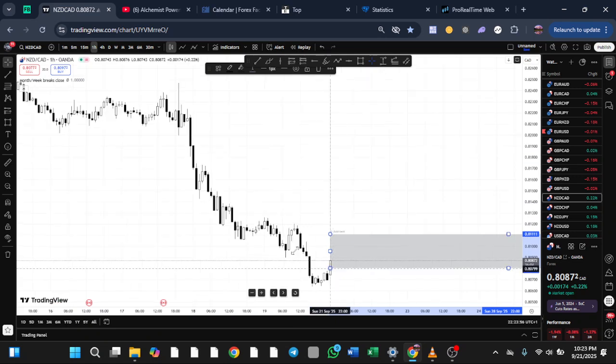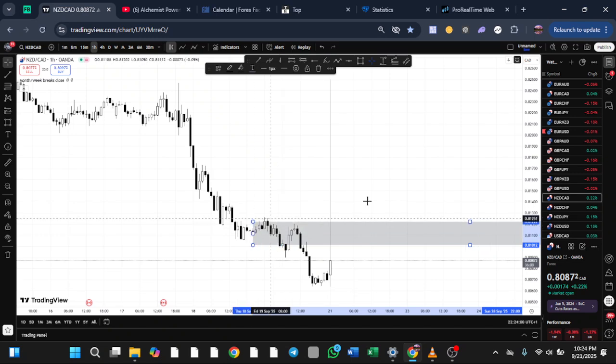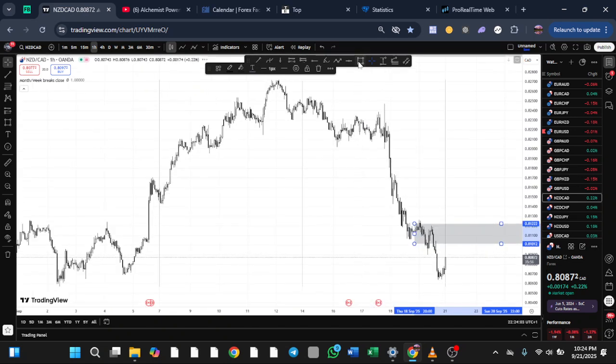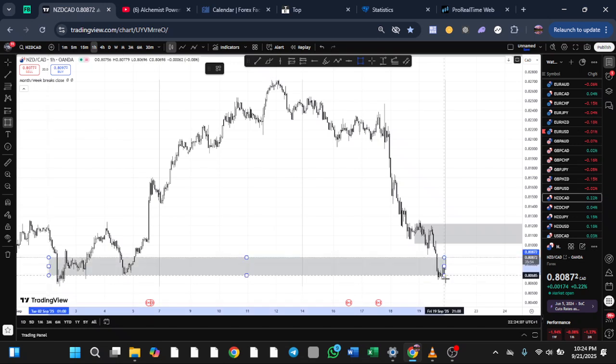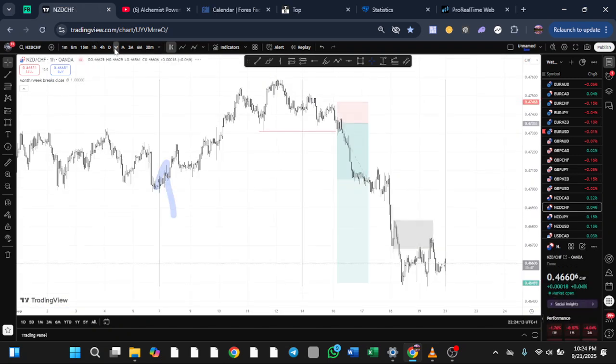Of course, we have our supply area here, which I'm anticipating a push to the downside from there to break this area of demand. And Swiss is still bearish.